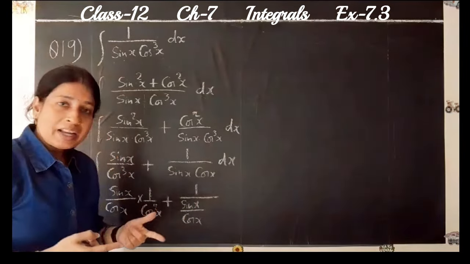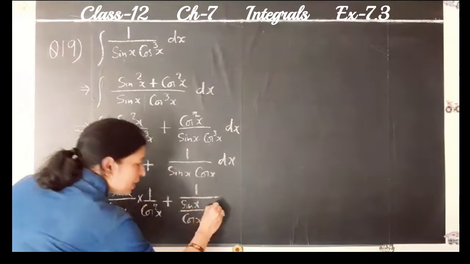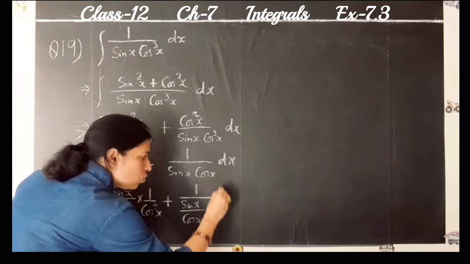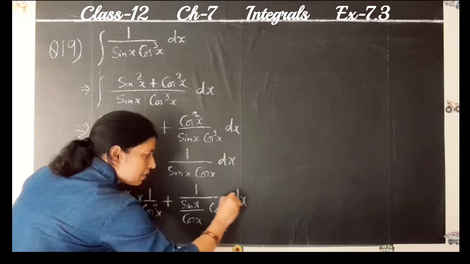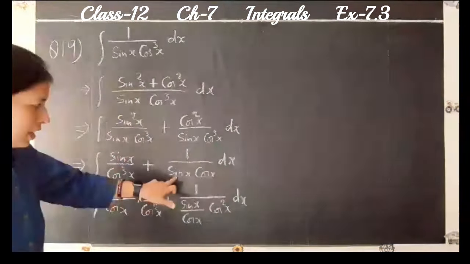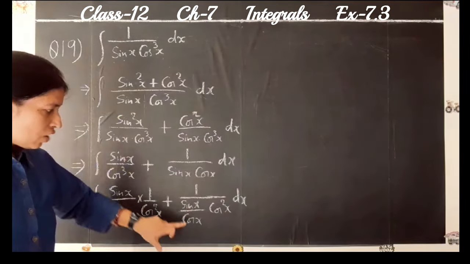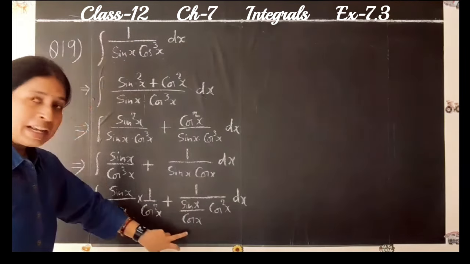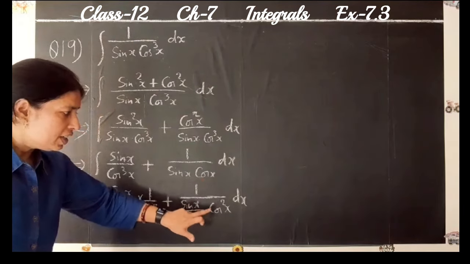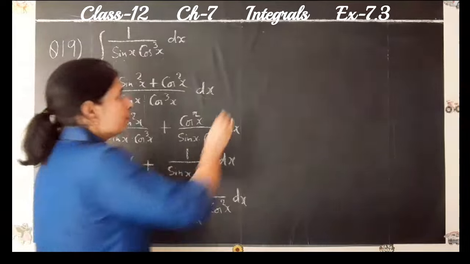Then we have to multiply it by cos x, so it becomes cos x into cos x, cos square x. And write this dx. Okay, sin x cos x को हमने cos x से डिवाइड किया और cos x से मल्टीप्लाई किया. So here sin x by cos x into 1 by cos square x plus sin x by cos x into cos x into cos x, cos square x.